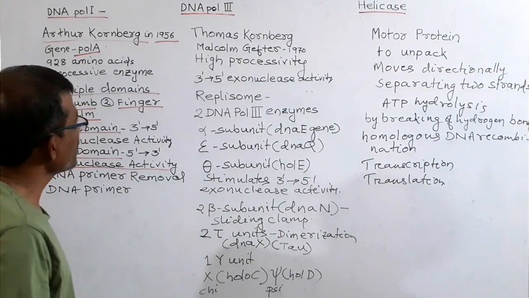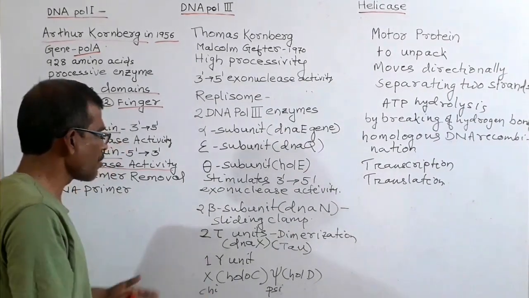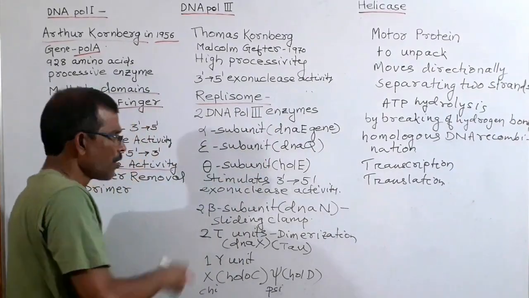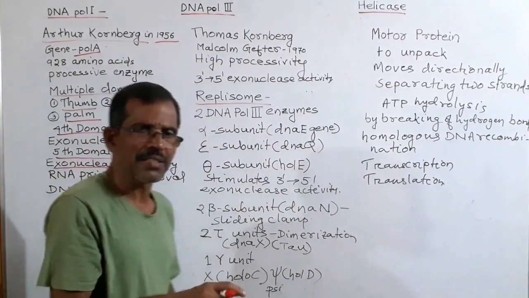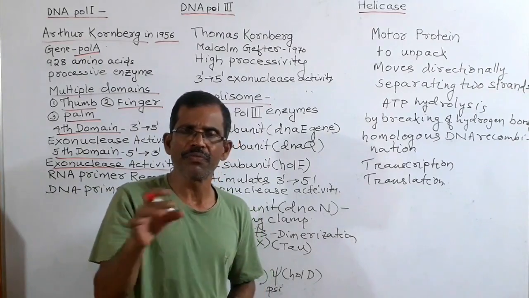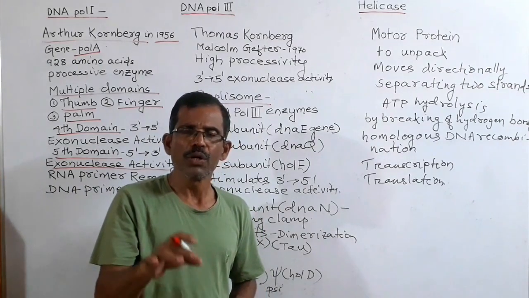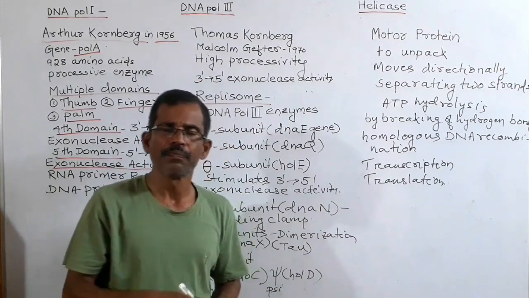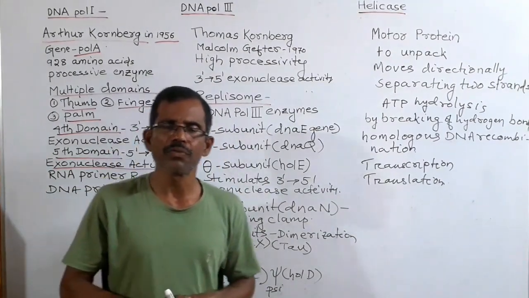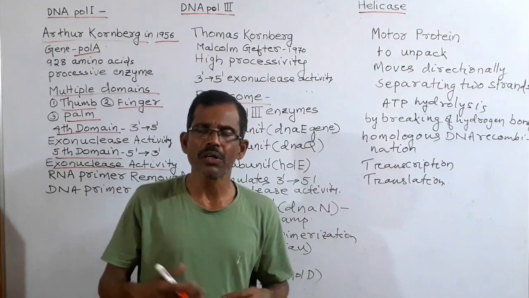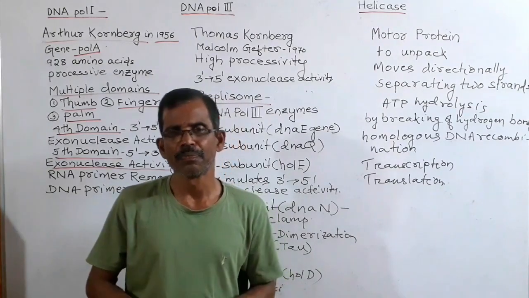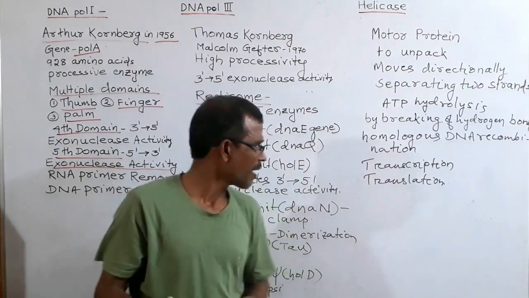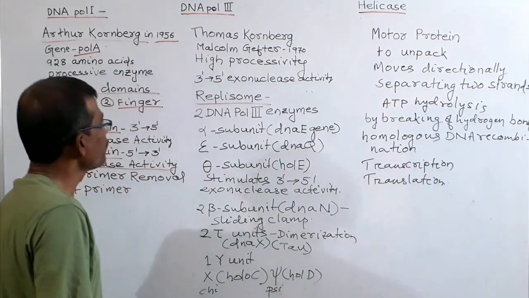DNA polymerase 3 is a part of a large complex known as the replisome. The replisome is a complex that consists of different subunits which are present at the location of the replication fork. You know what a replication fork is? A replication fork is a Y-shaped structure that is present in the chromosomal DNA during the process of replication.